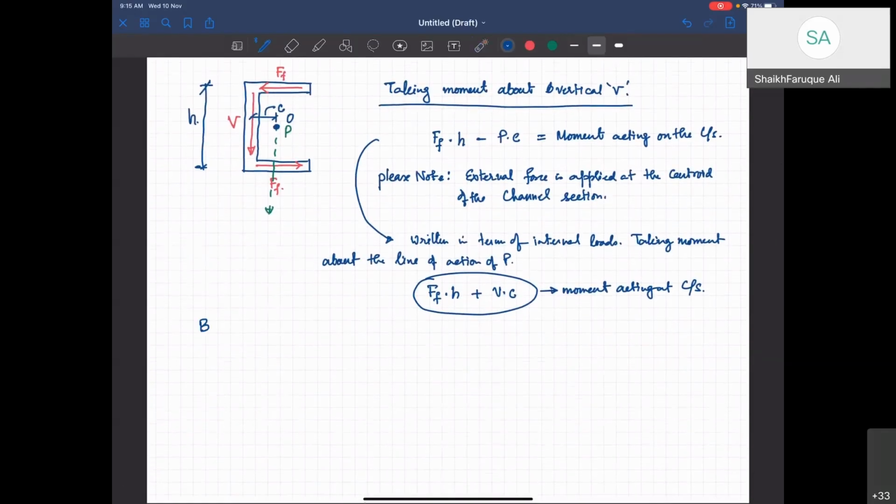Because of this moment, a single symmetric section starts twisting. Okay.